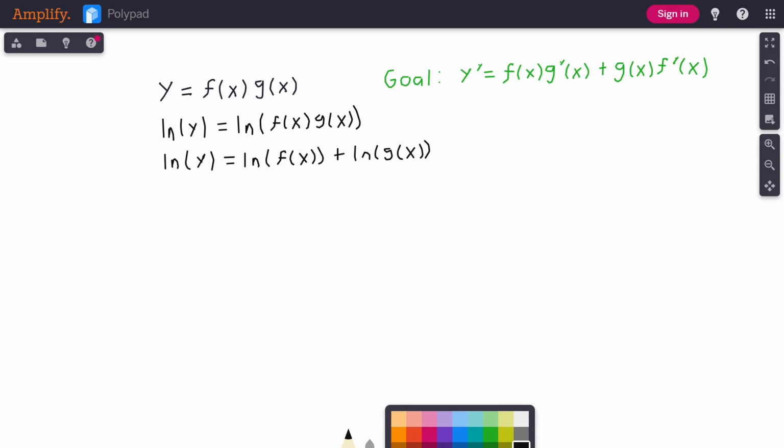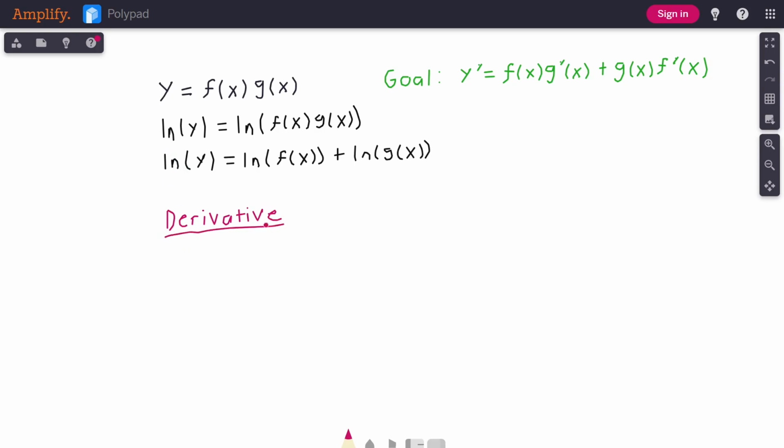Now we can take the derivative of both sides. We're also going to use the chain rule. Okay, so the derivative of the left-hand side, the derivative of the natural log of y, is going to be 1 over y. But since y is a function of x, we have to multiply by y prime.